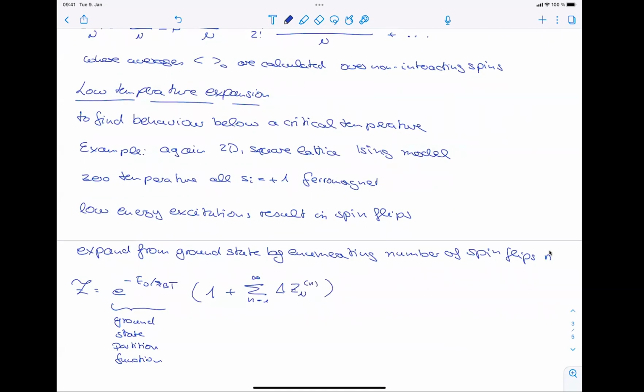And so these are Boltzmann factors relative to the ground state.